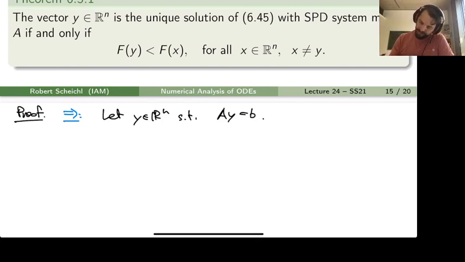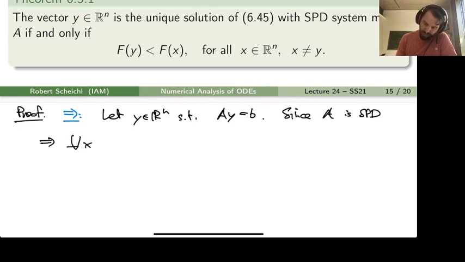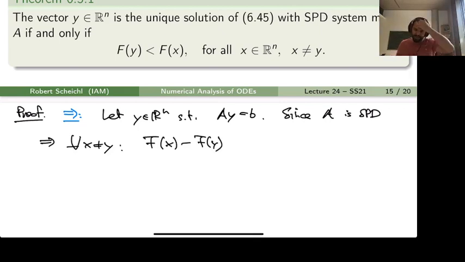Now since A is SPD, it follows for any x not equal to y that f of x minus f of y, we want to show that's strictly bigger than 0 to prove that f of y is a strict minimizer.